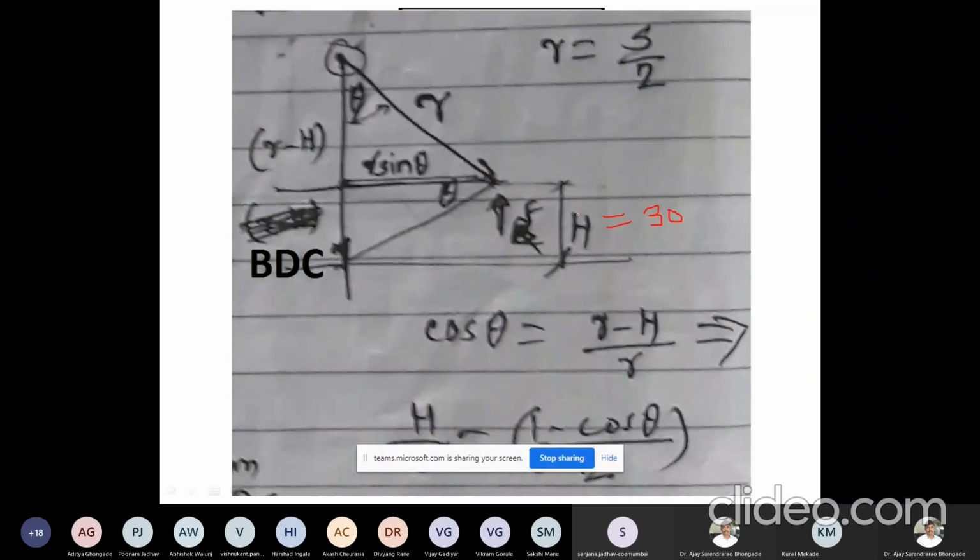So for H equal to 30 and R equal to, what is the stroke they mentioned, I think 10. So 10 by 2, right? Because the radius will be half of the stroke. So for these two particular values, we have to find out what is the force. Because the design force has already been given to you, we have to find out what force we will get in another position. That is what we are expected to work out.